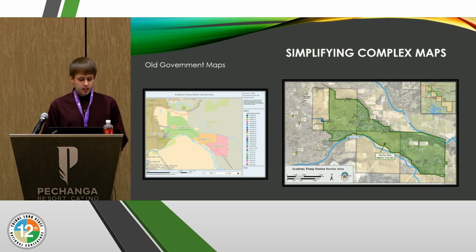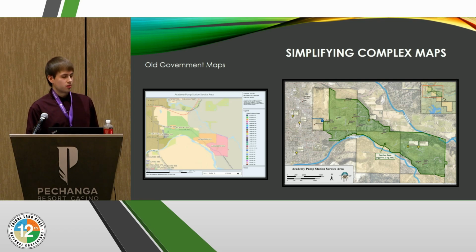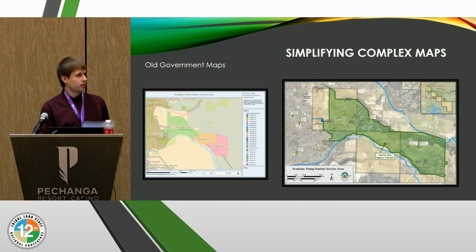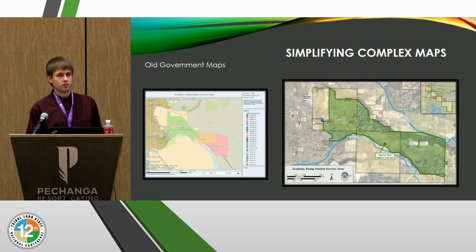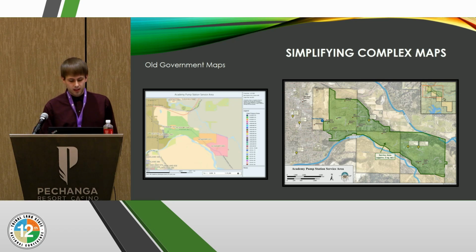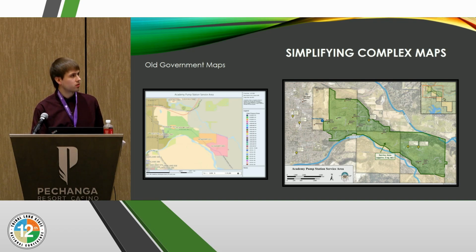So on occasion, I'll use tools within ArcGIS to modernize older generic computer maps from other governments, like this one from the city of Auburn. So the story behind this is the city of Auburn, which I've mentioned multiple times now, crosses into the reservation, the city limits do. They wanted to activate a new water pump station, which is the little blue dot on the map that my cursor is not showing you.